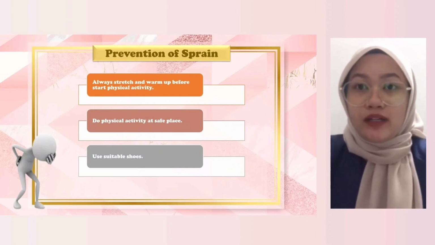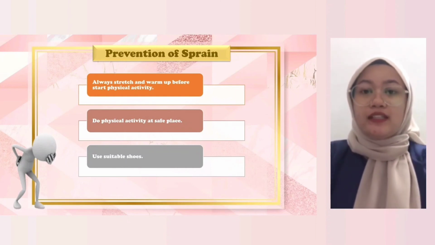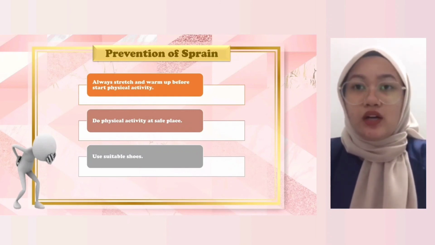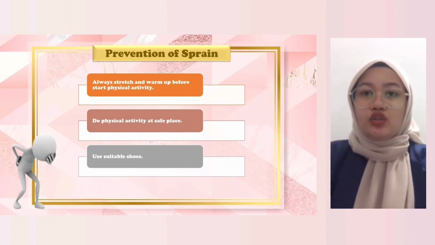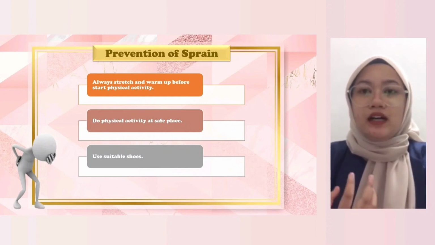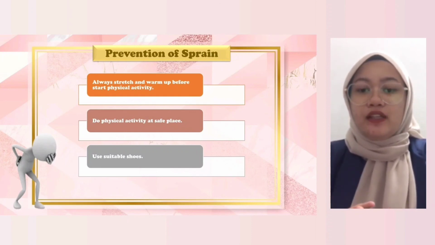So the third thing you should do to prevent sprain is to use suitable equipment for the activity. When you are jogging or doing any physical activity, you should use suitable shoes that fit your foot very well and make you feel comfortable.